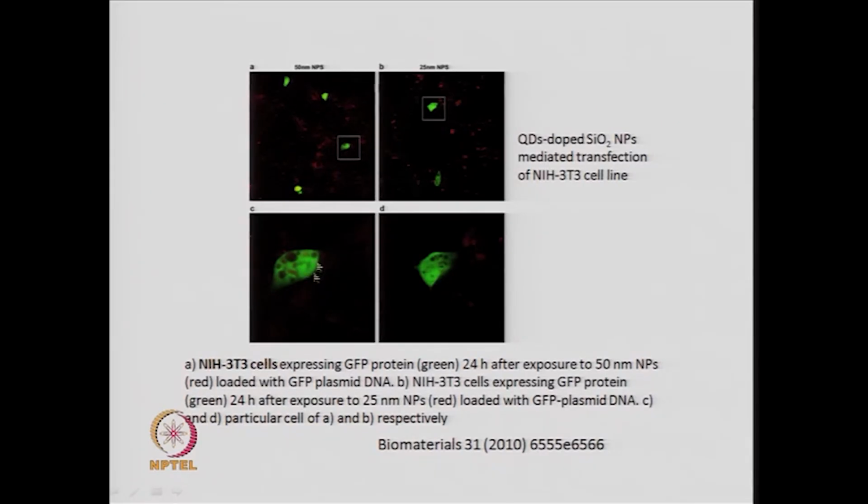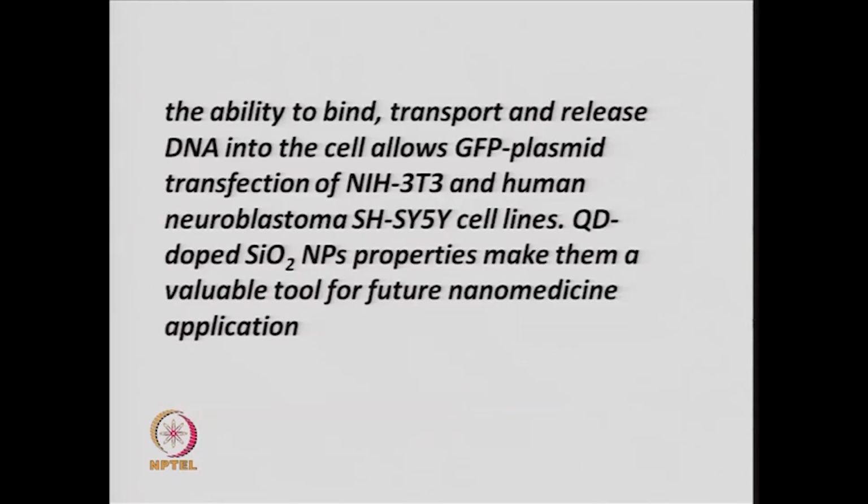So, this belongs to this part, and this belongs to this part, and so these quantum dots with silica mediate transfection of this cell line, and the cells are alive, because the green fluorescent protein can be seen, they are expressing it. And so, this is enough evidence that you can use these particles for imaging and also for drug delivery if required.